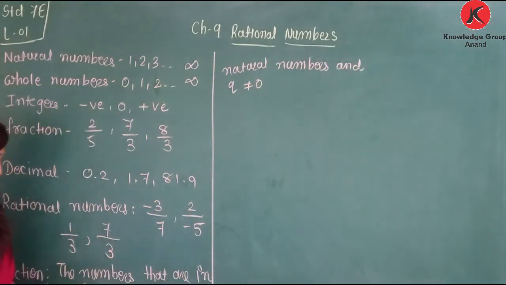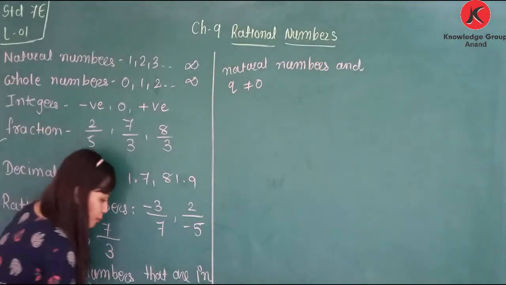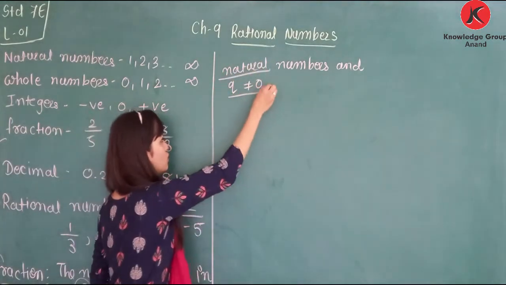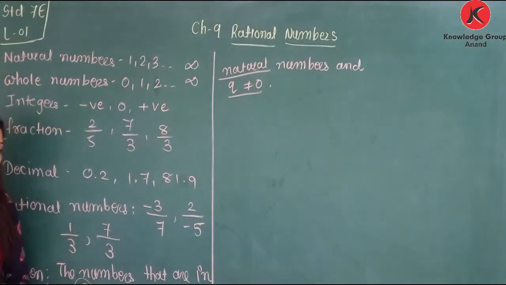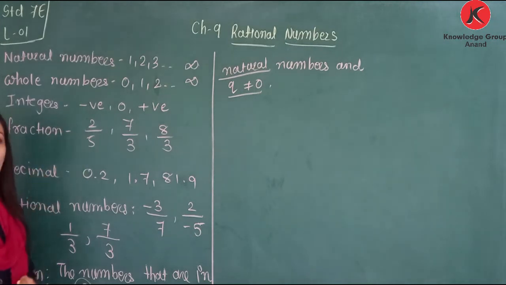So here the three conditions are: first, they are in a P by Q form. P and Q are natural numbers and Q is not equal to 0, means the denominator cannot be 0. So these are the fractions. Both numerator and denominator are natural numbers, means they are positive integers. So this is the definition of fraction.